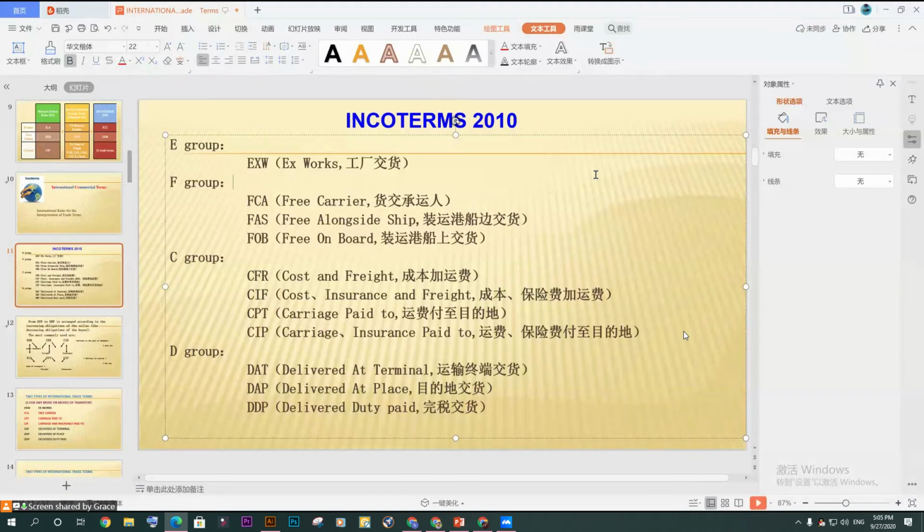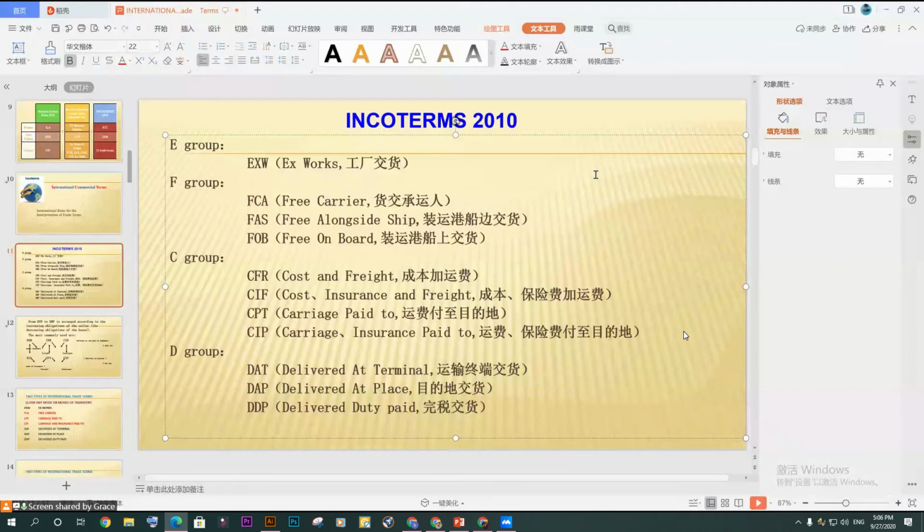But if the platform only has this function to display the products, that is the information service platform, we just learned that. And if we can make the transaction on that platform, we can call it the online transaction platform. So you guys should understand this, remember this.